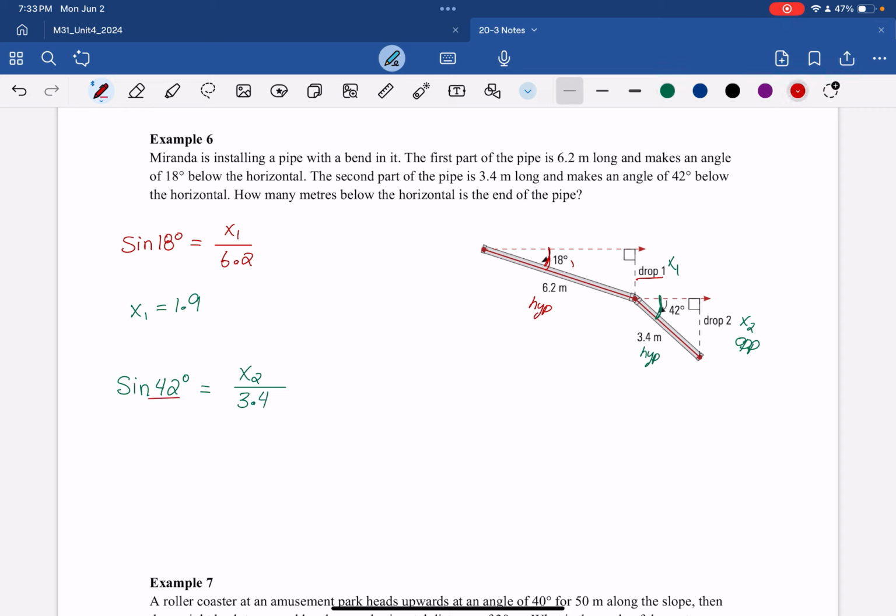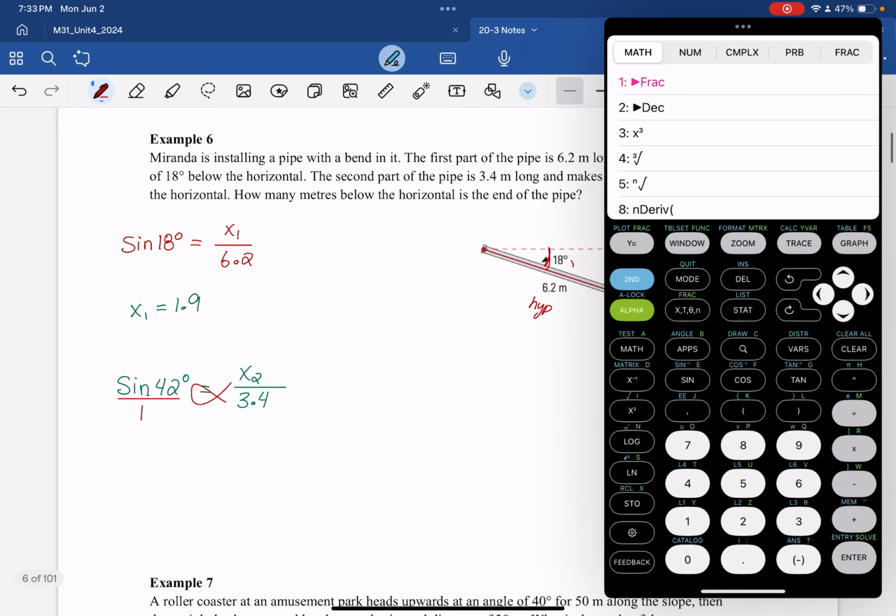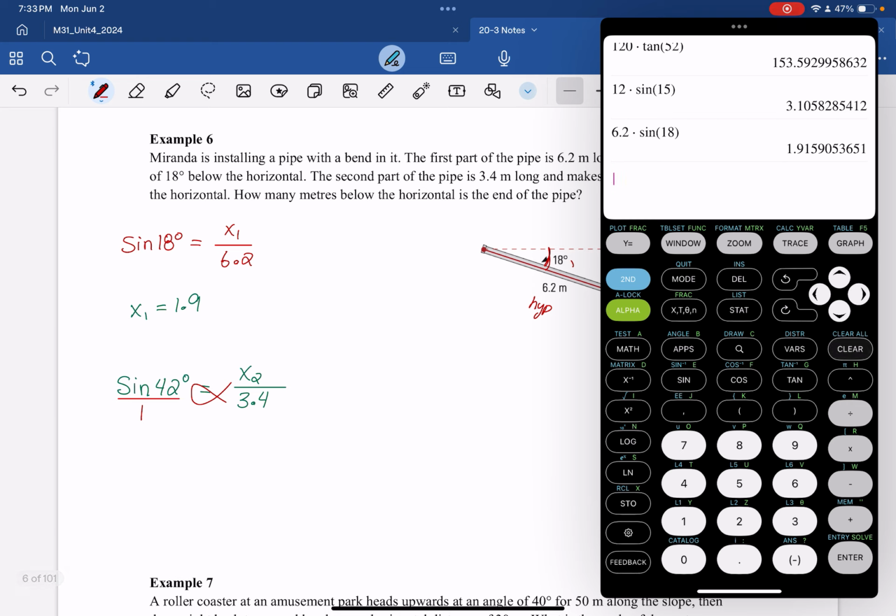So I can write in the 2 there if that's helpful. So we're going to go 3.4 times sine of 42. So that's going to be 2.3.